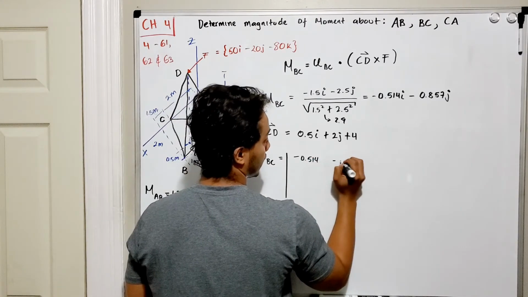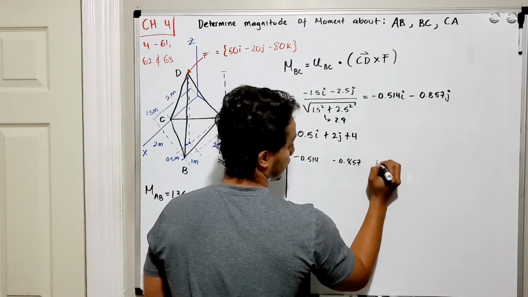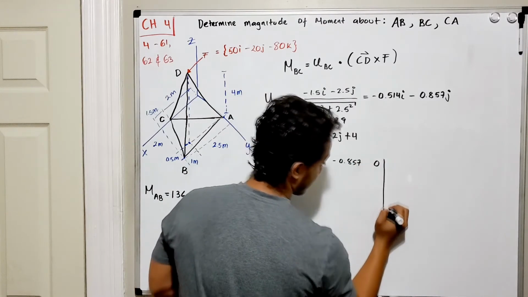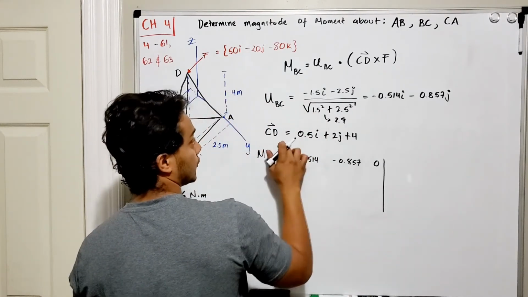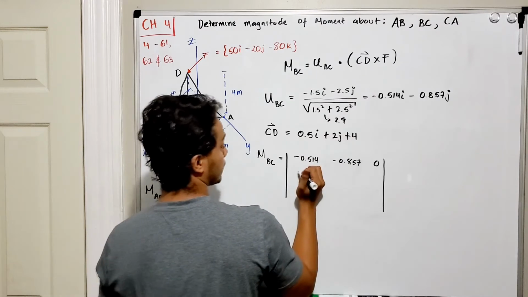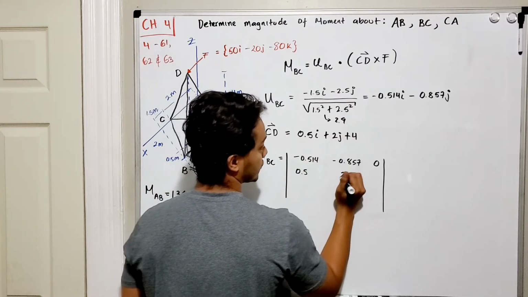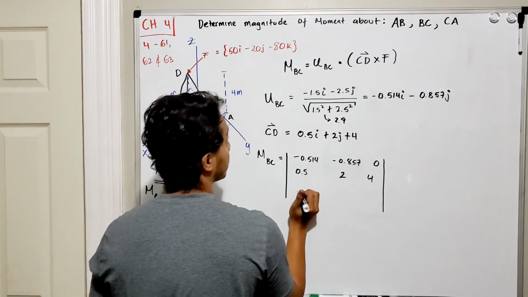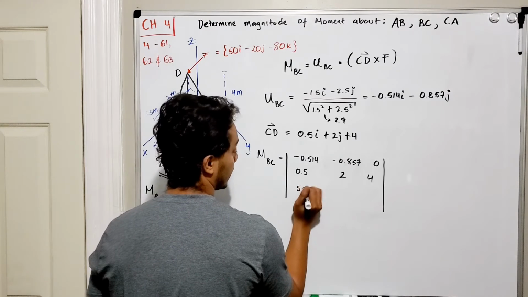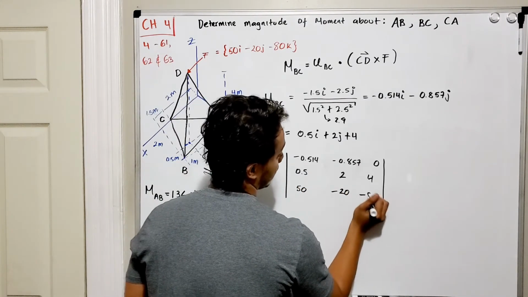Then we have negative 0.857 in the J direction, and then we got 0. Okay? Now, we put our vector distance, which is 0.5, positive 2, and then positive 4. And then last, our force, which is going to be 50, negative 20, and negative 8.